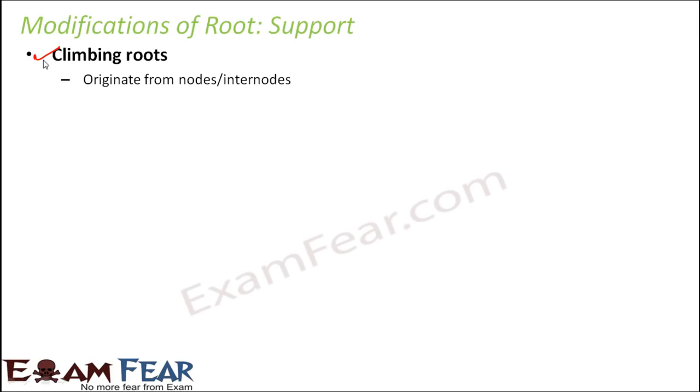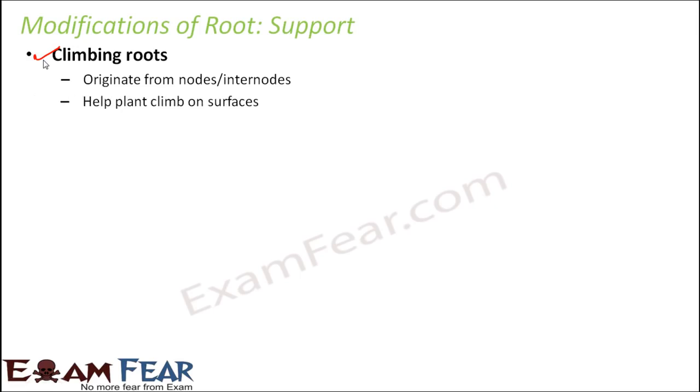So how do they do that? They need to have some structures which actually help in climbing. So such plants where the roots are modified to climbing structures are called climbing roots. So these kind of roots originate from the nodes or internodes.